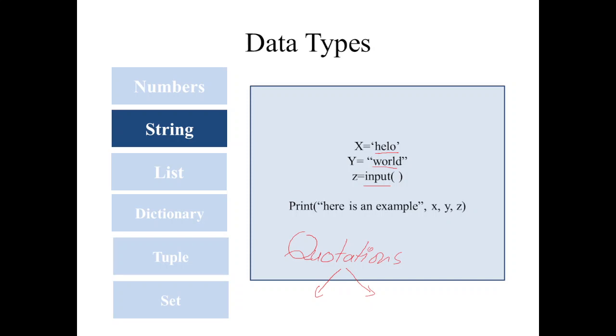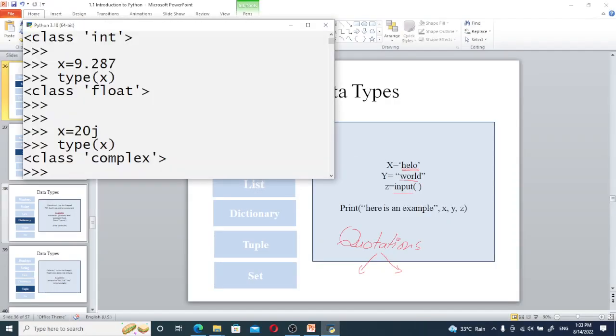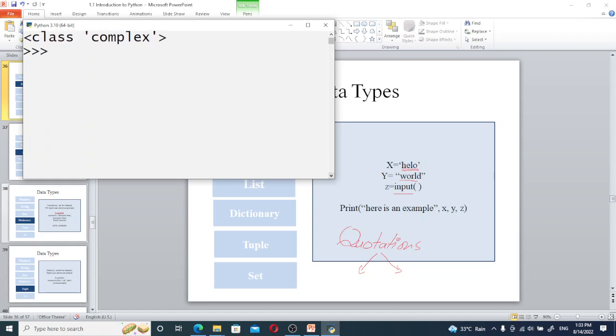Let me again cross check it from our program. For example, we use a variable with the name a, and we store a value in it, and we use quotation at the start and at the end, and this value is book, and we can check its type a, and it will show class str, which stands for string.